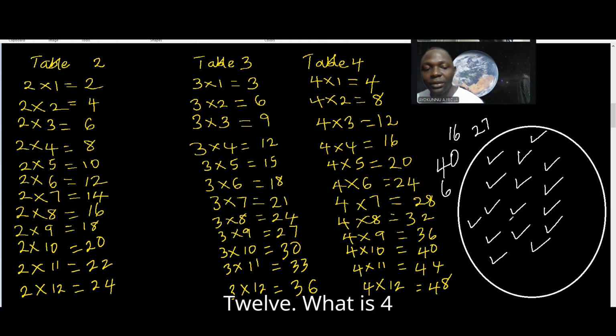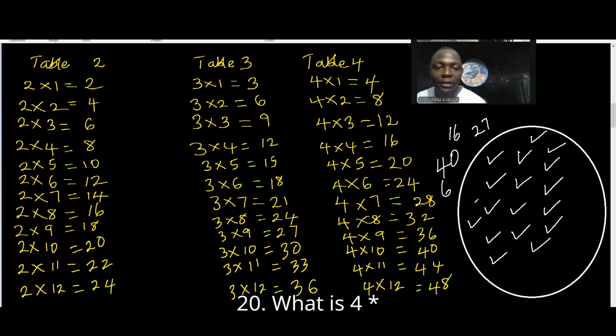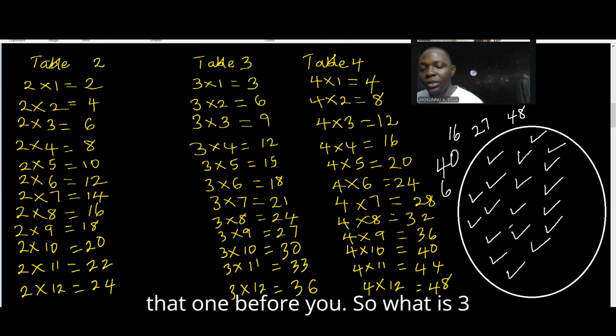What is 4 times 2? 8. What is 4 times 5? 20. What is 4 times 4? 16. What is 4 times 12? 48. I wrote that one before you.